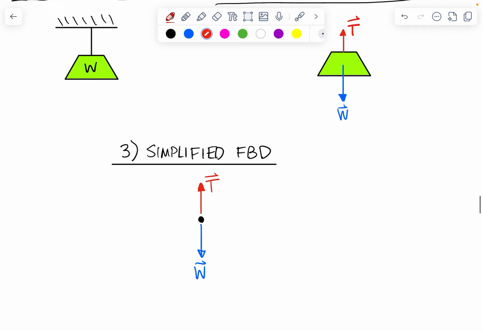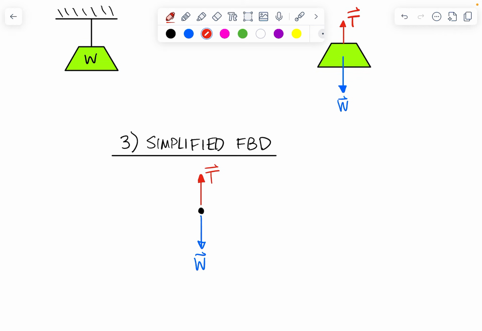And now with this, it's really easy for us to apply equilibrium to work out what the tension is in the rope. So if I write my equilibrium equation, remember equilibrium means sum of forces equals 0. Now I'm going to establish my coordinate system here and say that x is horizontal and y is vertical. So the only equilibrium equation that applies for this simple case is equilibrium in the y direction, right?